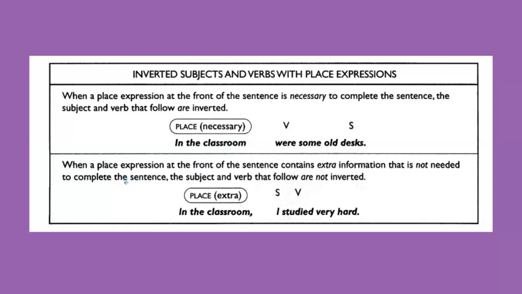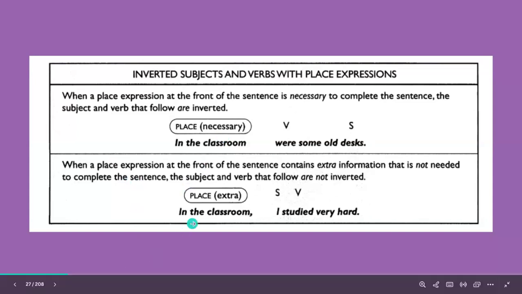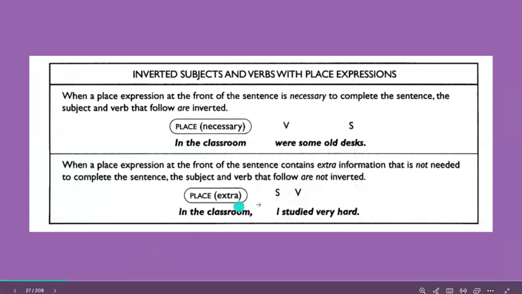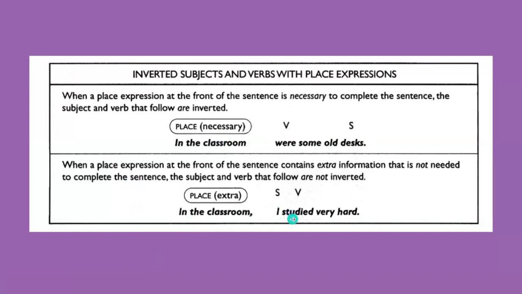When a place expression at the front of the sentence contains extra information that is not needed to complete the sentence, the subject and verb that follow are not inverted. Like this one. In the classroom, I studied hard. It would be incorrect to say in the classroom, studied very hard I. Okay?